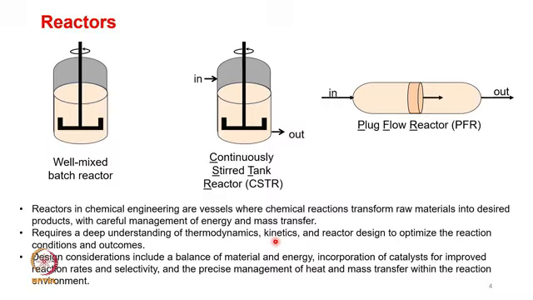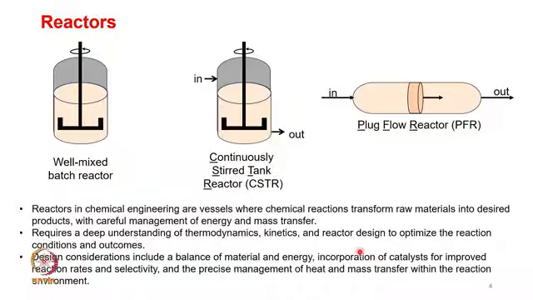So, what are the key design considerations in designing a reactor? The design considerations include material and energy balances, and of course any reaction is possibly catalyzed by an entity called a catalyst, which helps reduce the activation energy barrier. You need to incorporate the catalyst for improved reaction rate, and also for improved selectivity.